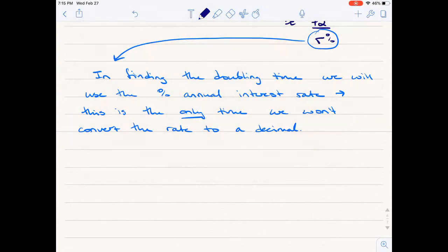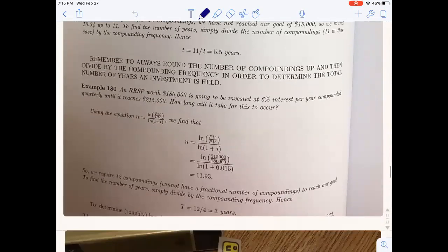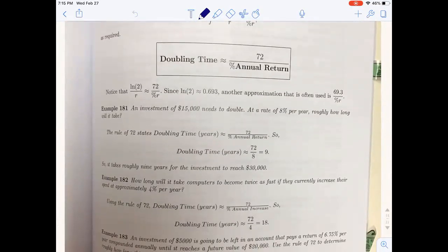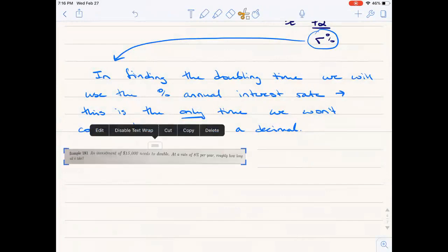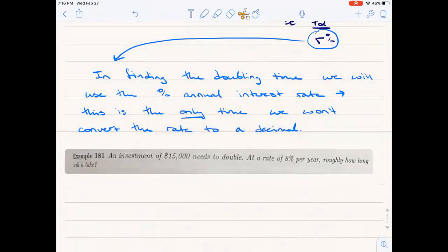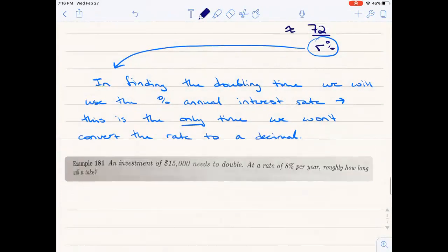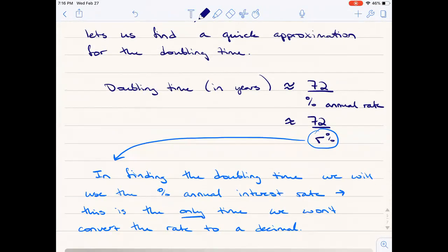So as a little example, let's do example 181. Notice in this formula, if you're solving for the doubling time, you've got 72 divided by the rate. So the only thing that you need is the rate.